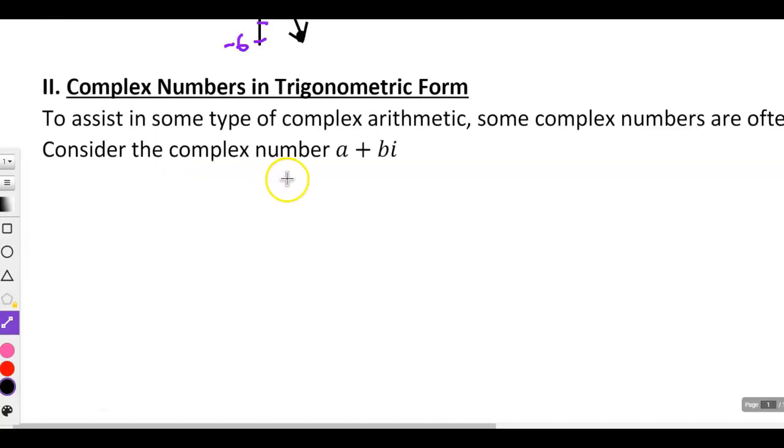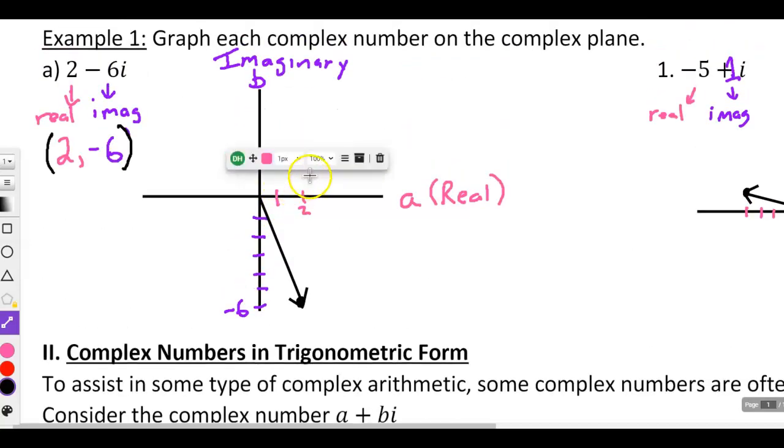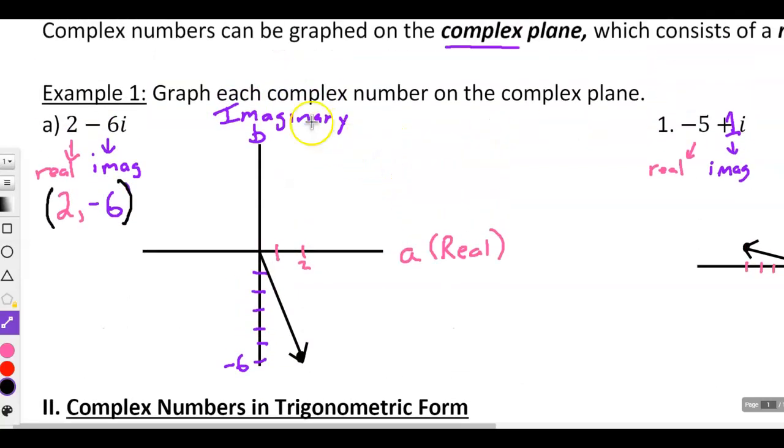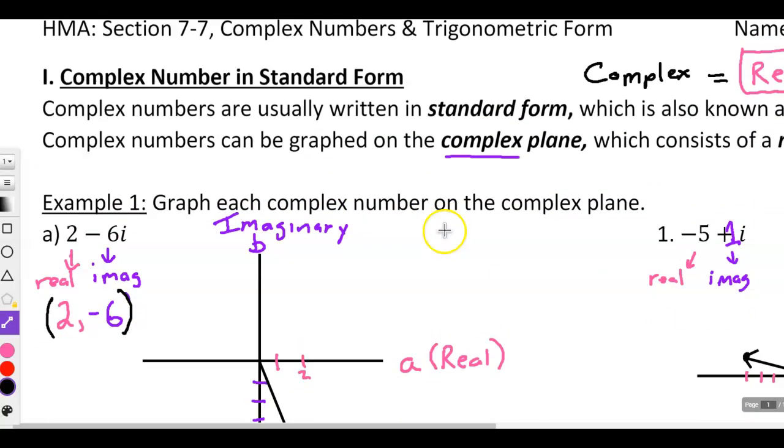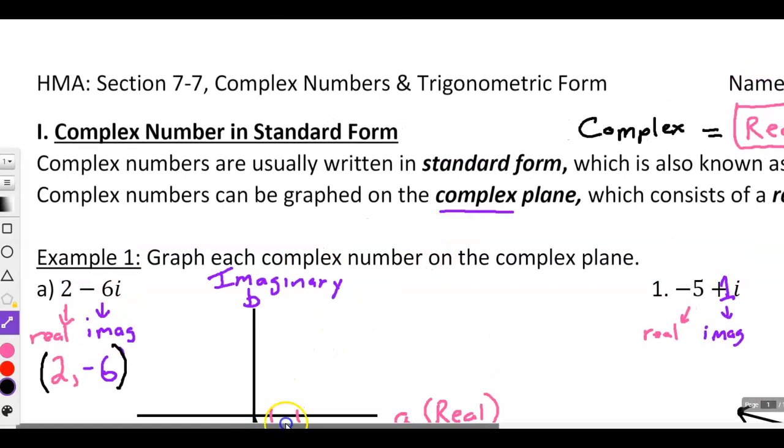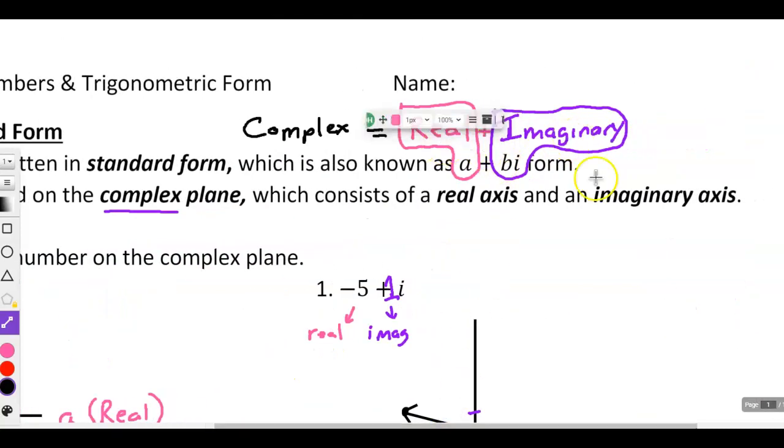Okay, so that's basic graphing. You'll do a little bit of that. Not too bad, right? We know that they're a and b axes, not x and y. One's the real number, one's an imaginary number, and a complex number consists of 2 parts, a real and an imaginary. Technically, an imaginary number can be a complex number.